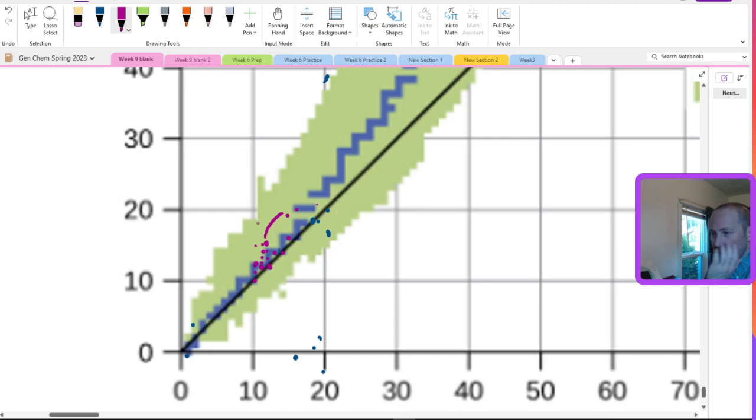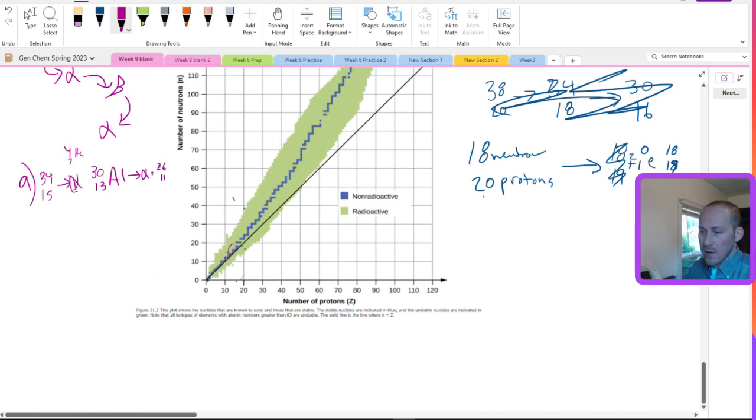So maybe that doesn't quite get us there yet. Then we'd have to also have a beta emission, or maybe a positron. There you go. I think we also need to then lose a positron. No, lose a beta. That's right. Then we're going to lose a beta, and that's going to bring us to that, which is sodium.